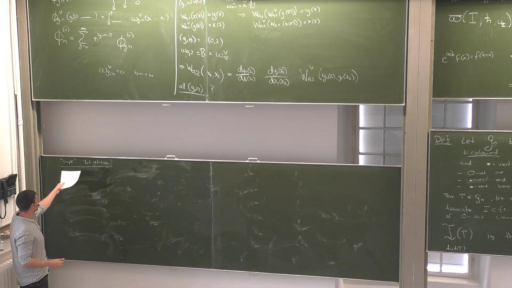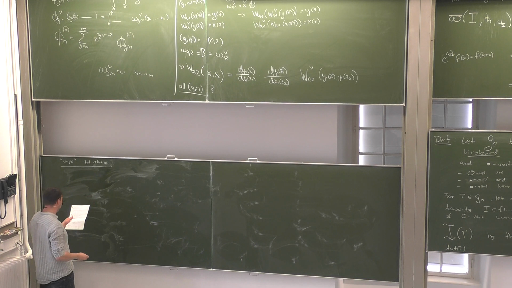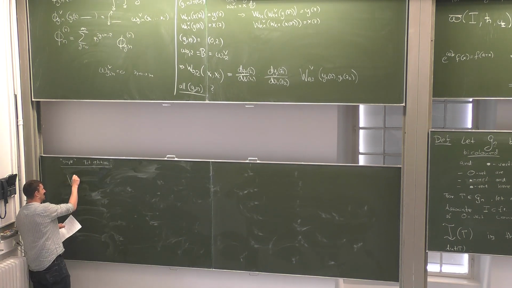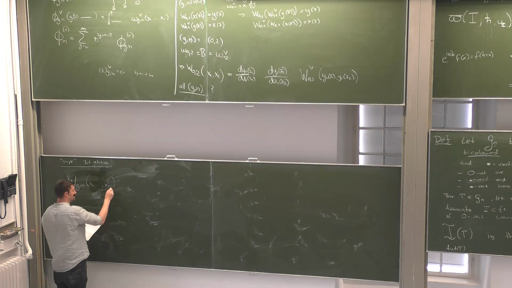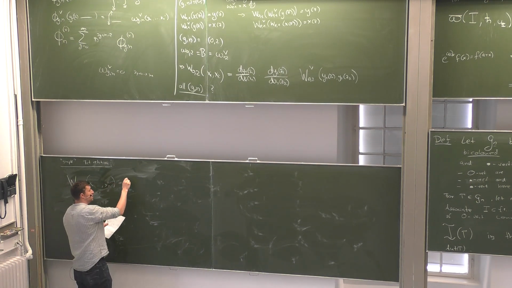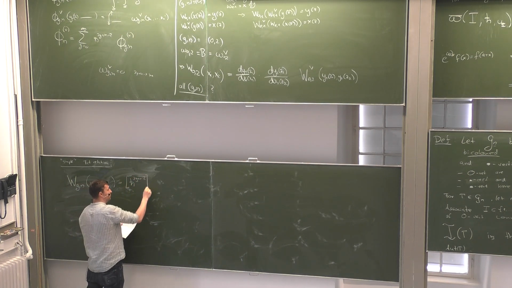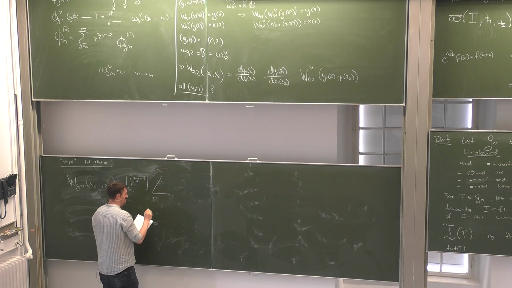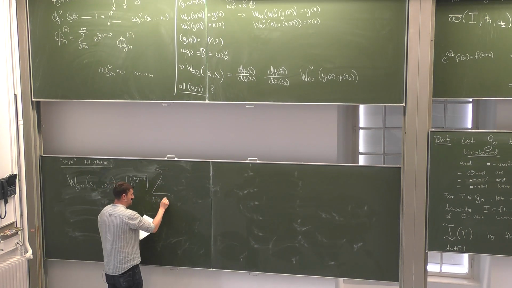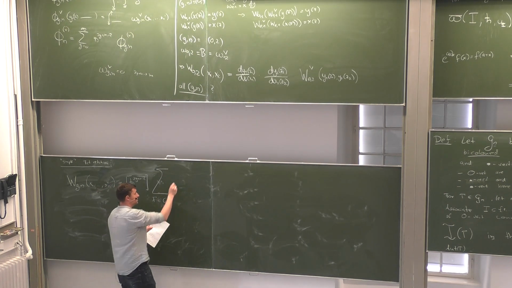But the simple functional relation, which first appeared in my paper, but was then proven by them to hold for any meromorphic x and y's, is of the following form: we have W_{g,n} of x1 to xn, which is given by the h bar to the power 2g plus n minus 2 coefficient of the following expression. We have a sum over this set of graphs.